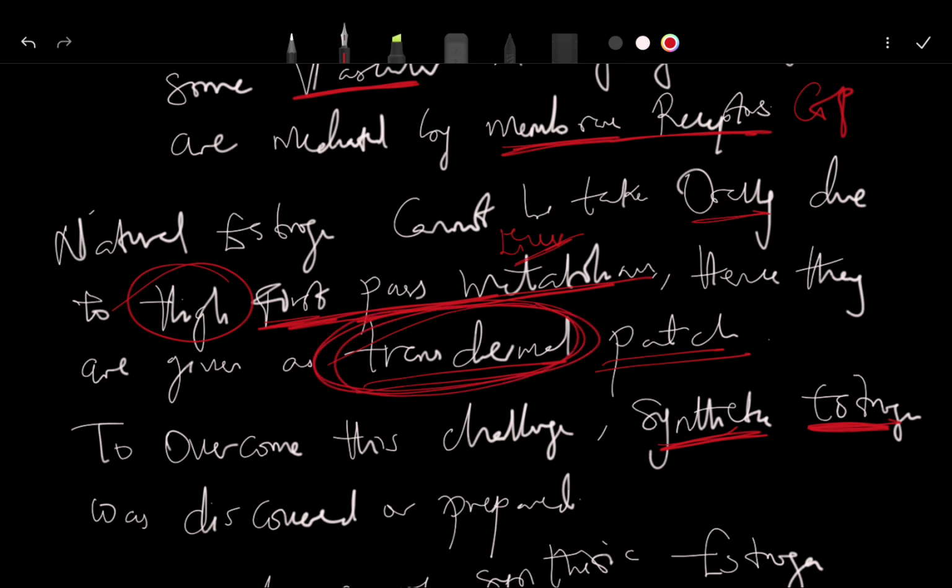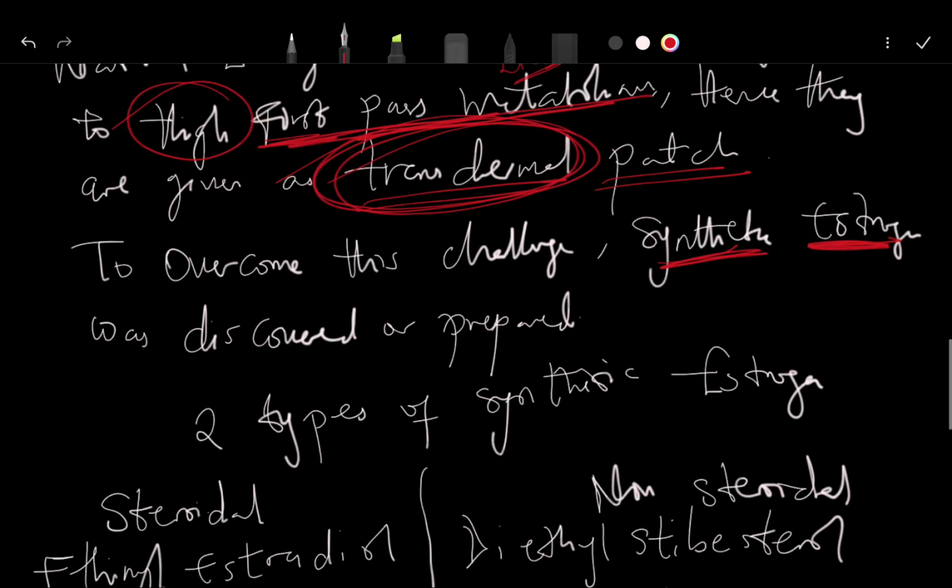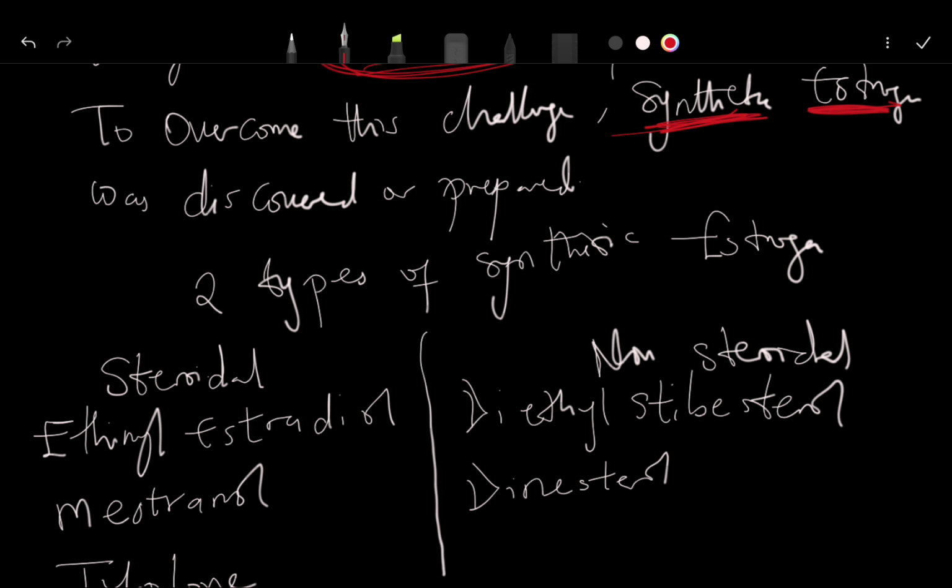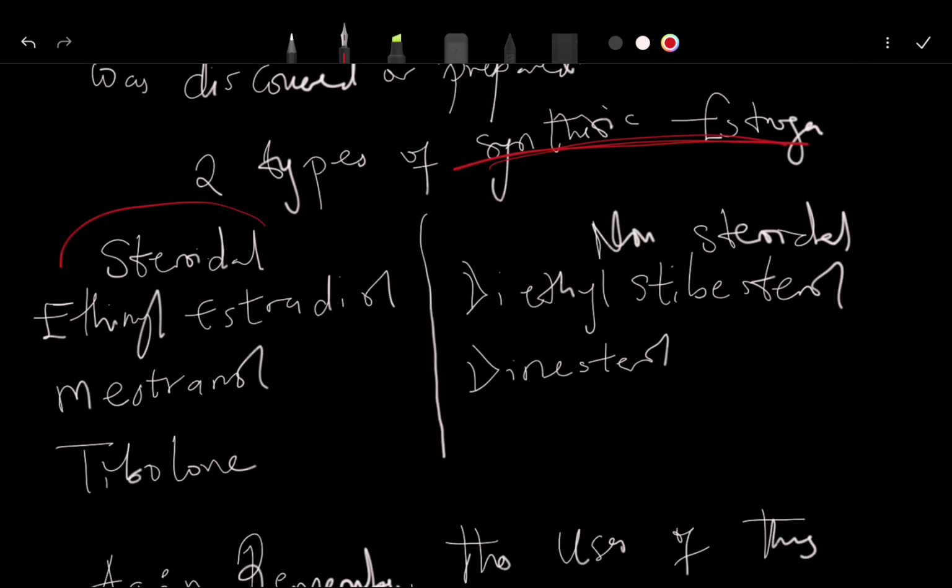We can't give them orally because if you give them orally, the amount reaching systemic circulation will be reduced. However, to overcome this challenge, we set out to make certain synthetic preparations of estrogen. There are two main types of synthetic estrogen. It could either be steroidal or non-steroidal.